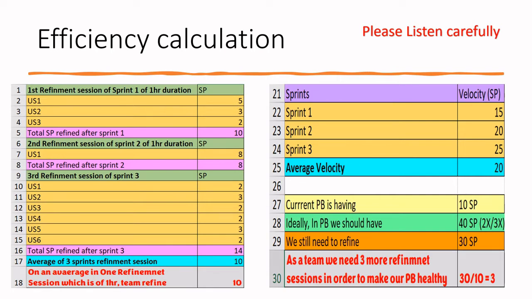And the second refinement session, of sprint 2, is again of 1 hour duration. In my second refinement session, I can refine only one user story, but the story point is 8. The user story may be very complex, or my team members may not have an appropriate understanding of that user story.